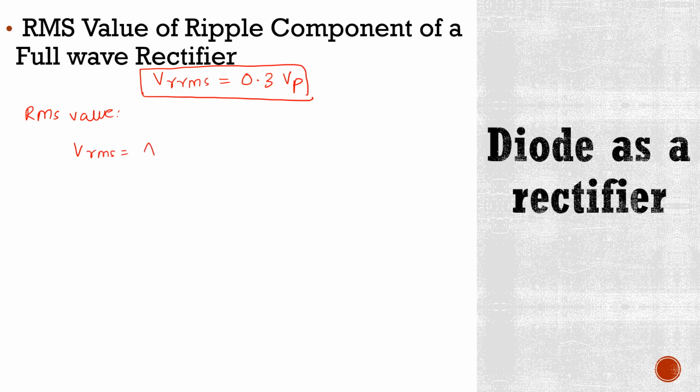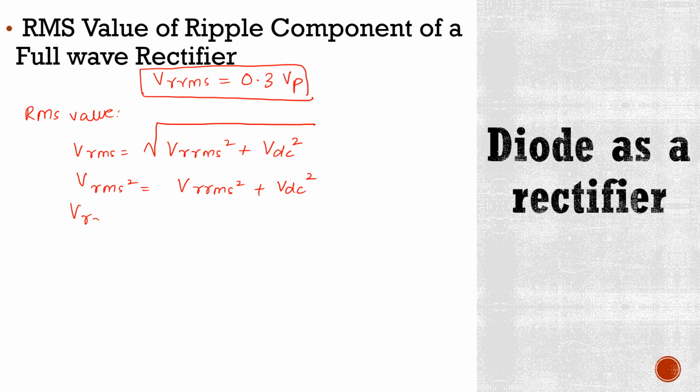Vrms is equal to square root of squared function of AC value plus squared function of DC value, and we can write this equation like this: Vr,rms whole square plus Vdc whole square, and if we rearrange this equation like this, we get Vr,rms equals the square root of Vrms whole square minus Vdc whole square.